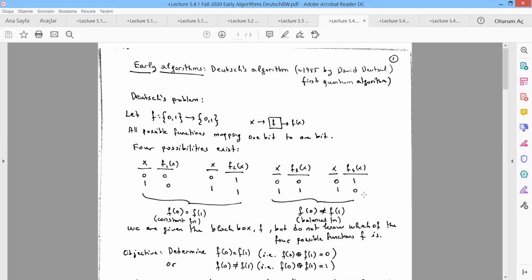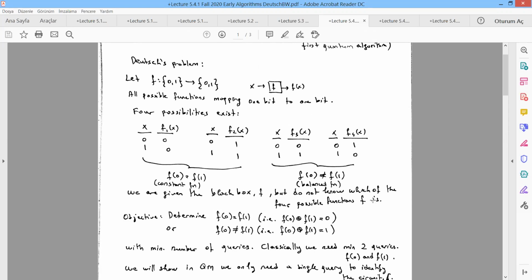In this case, f of 0 is different from f of 1. This is called a balanced function. It's balanced because in the output, the number of 0 outputs and the number of 1 outputs is equal. But we'll see, in higher dimensions, we'll have more possibilities. So this is what a balanced function is in this case for a single qubit.